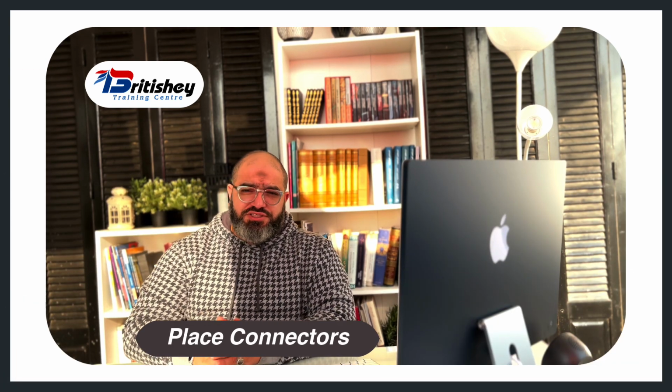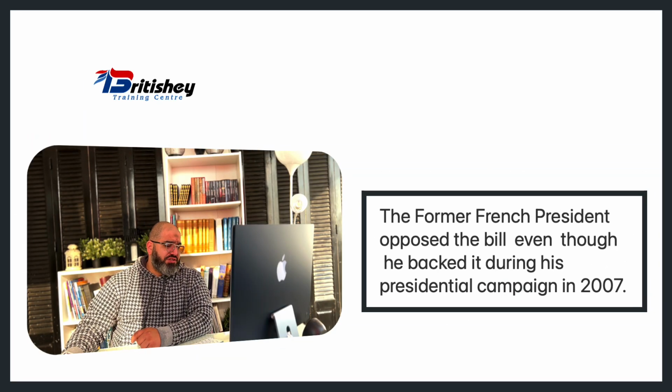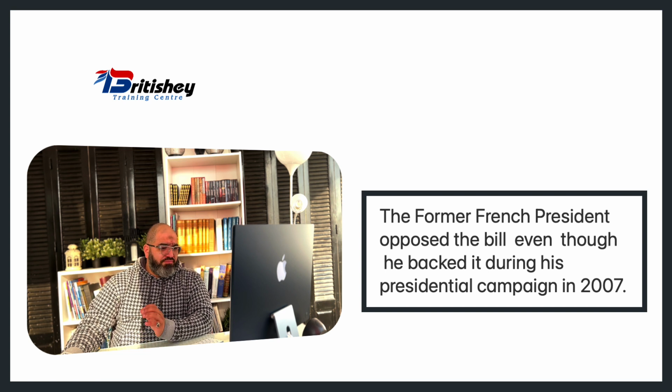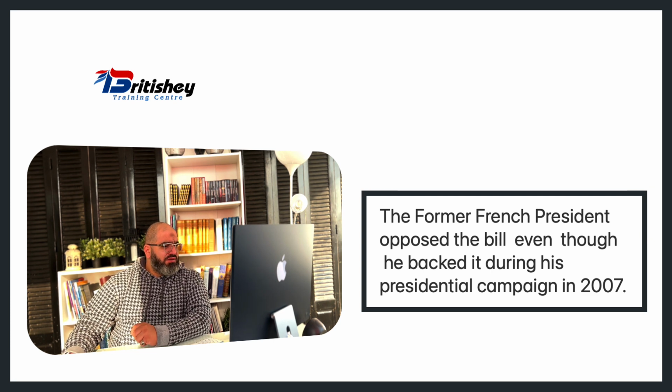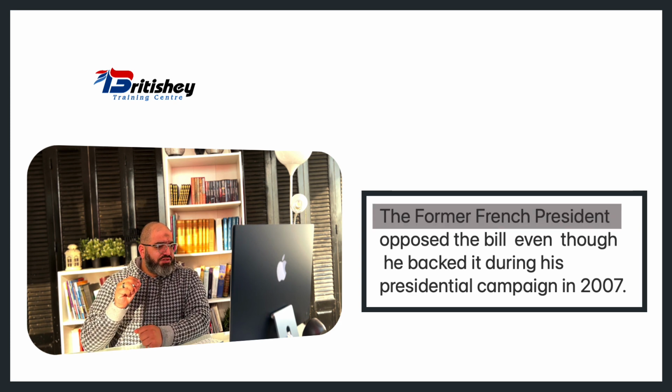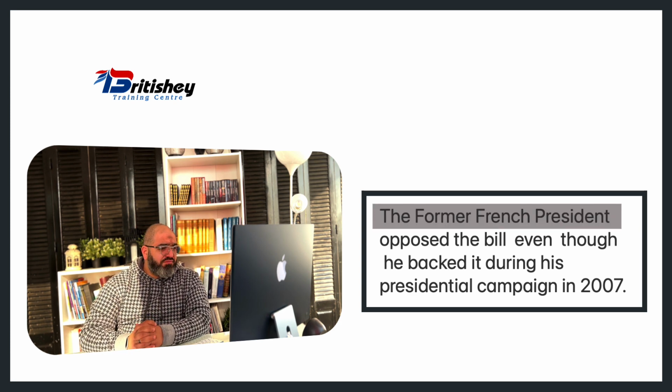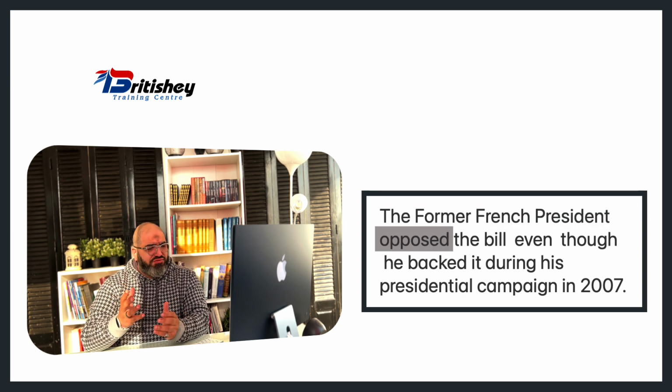So let's start with this example. Let's read it together. The former French president opposed the bill, even though he backed it during his presidential campaign in 2007. So let's analyze it. The former French president, that's a subject. Opposed, that's a verb.